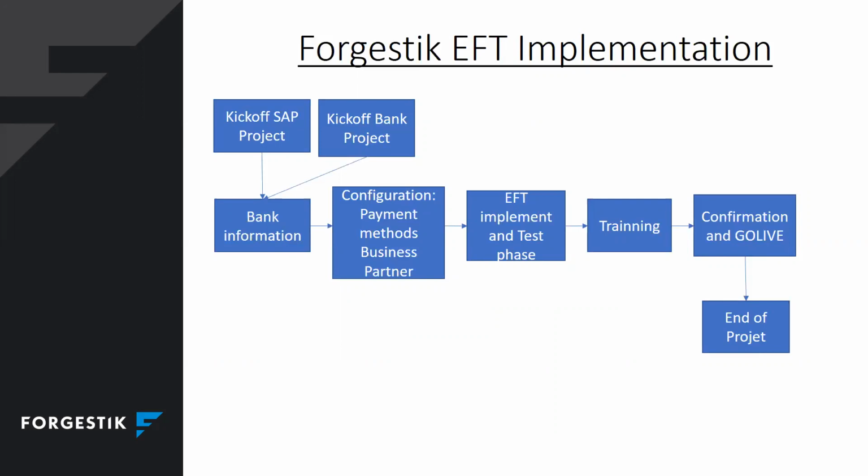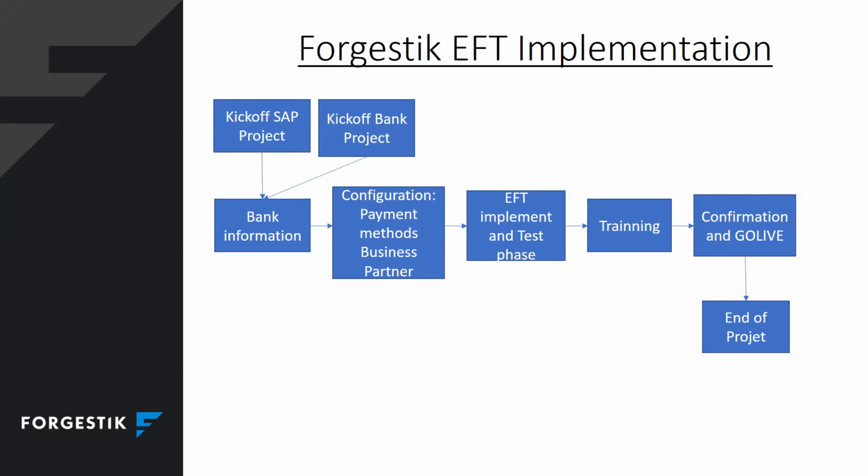Once we do, usually you communicate with us and then bank information will be needed to start the initial project. With the bank information, we build the backend, we build the mapping process, and we assign you little homeworks for configuration, such as assigning business partner banking information.